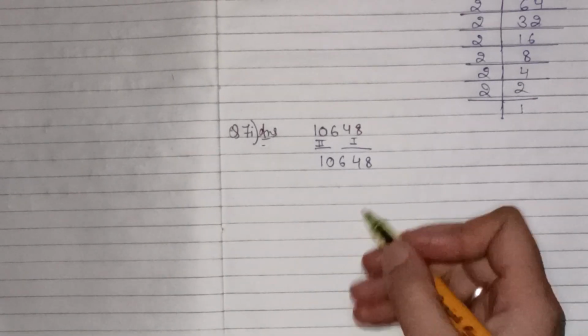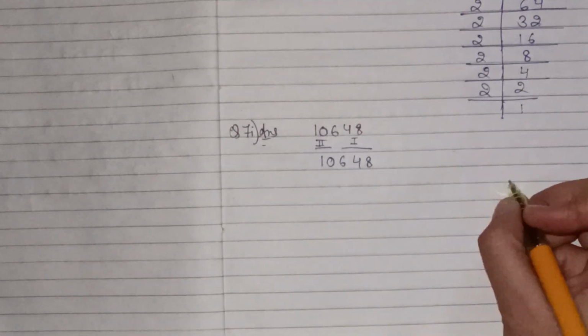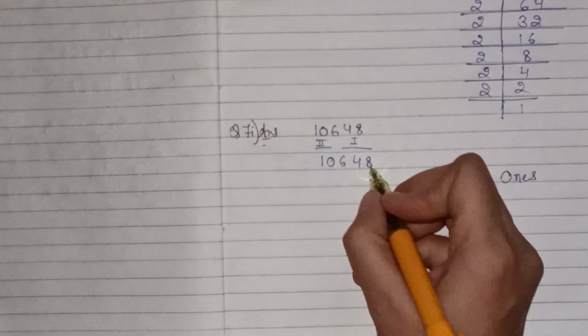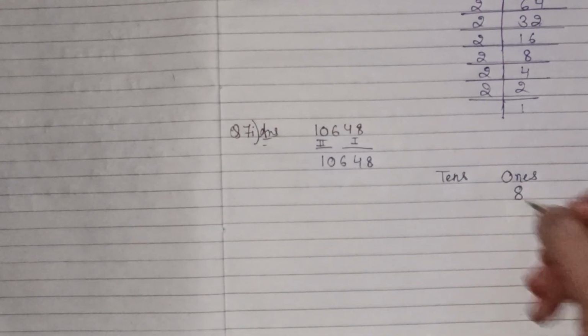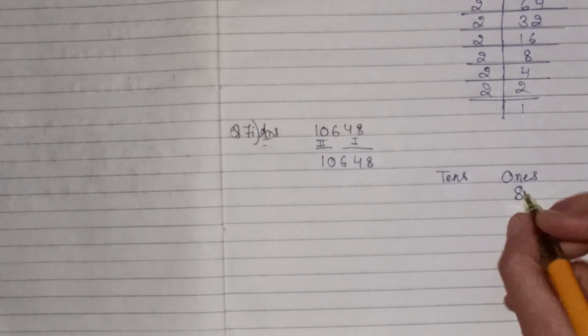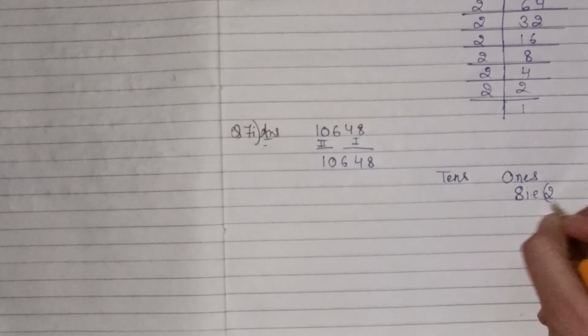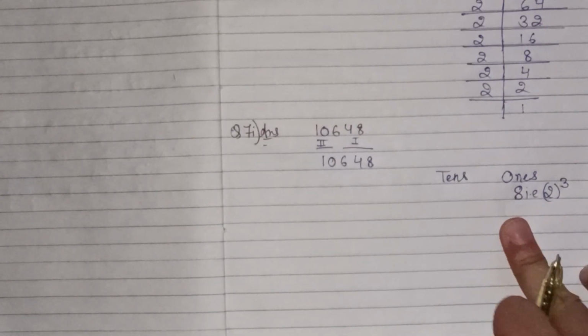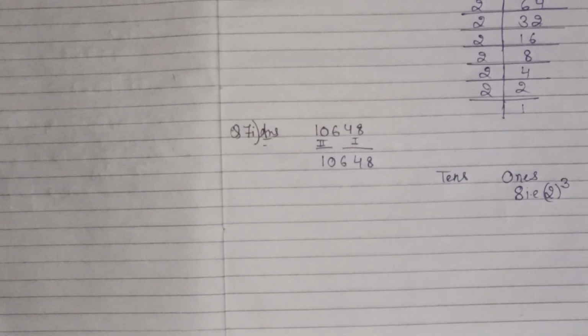Here I write ones place, here tens place. We have 8 at the ones place. The cube of 2, that is 2 raised to power 3, means 2 multiplied by 2 multiplied by 2, which is equal to 8.